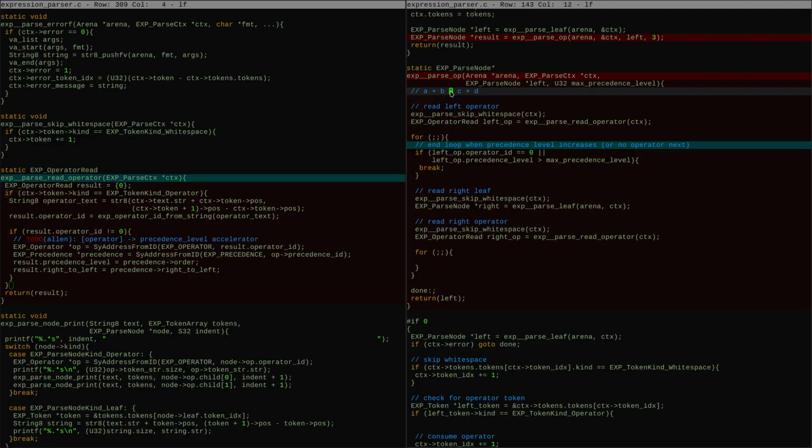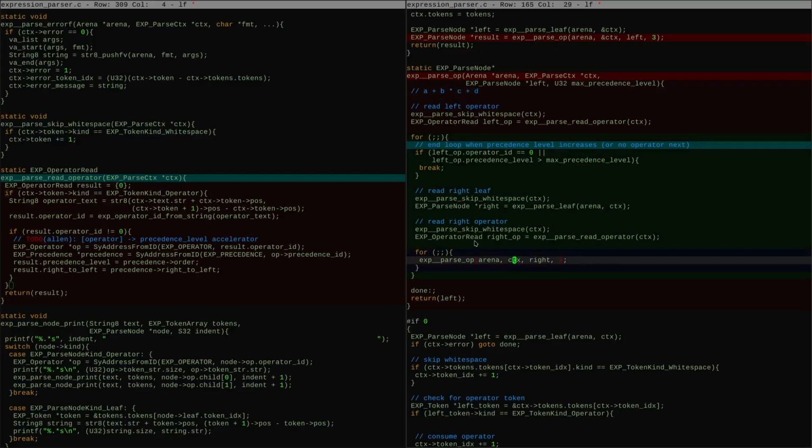If this is stickier, like it's got a lower precedence than this, we want to call this recursively. The trick is going to be something like we're passing the right-hand side B. So we parsed A and parsed plus, parsed B and put it into right. Then we saw we have a times. We can't put the B onto the plus yet. We've got to figure out what's going on with the times.